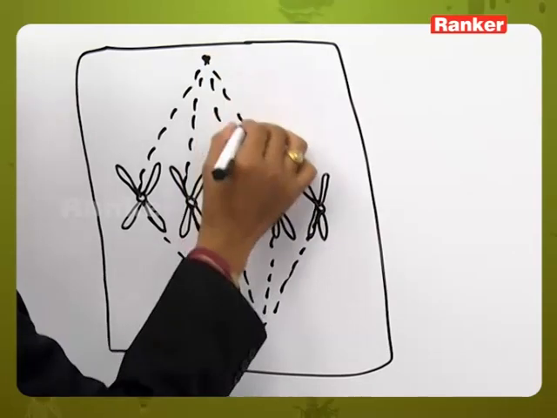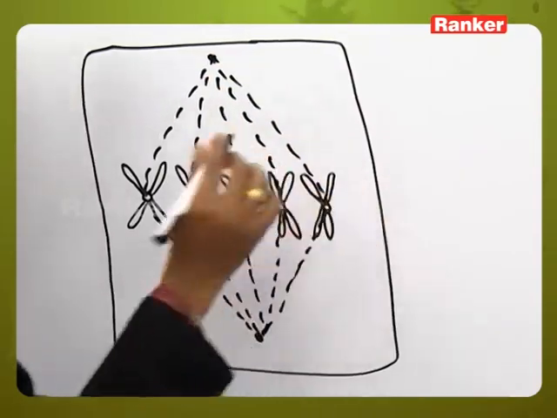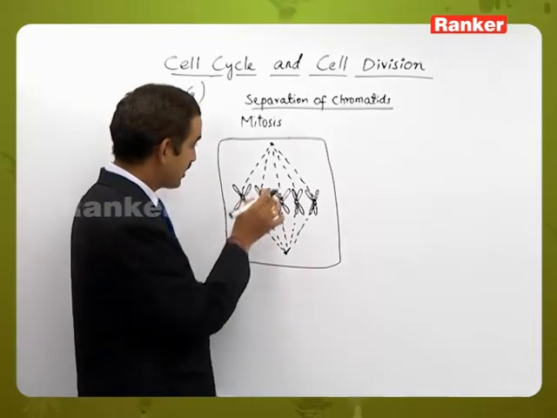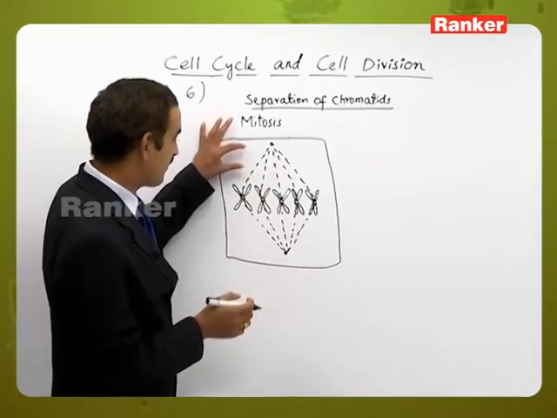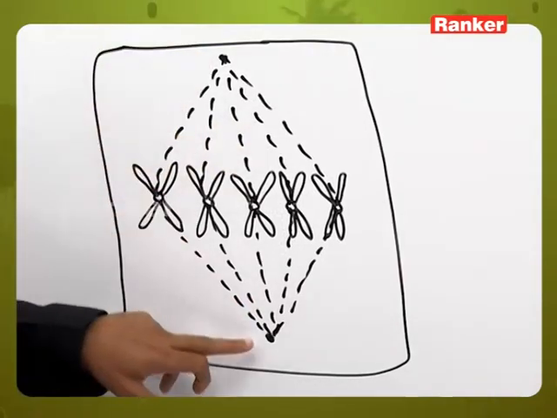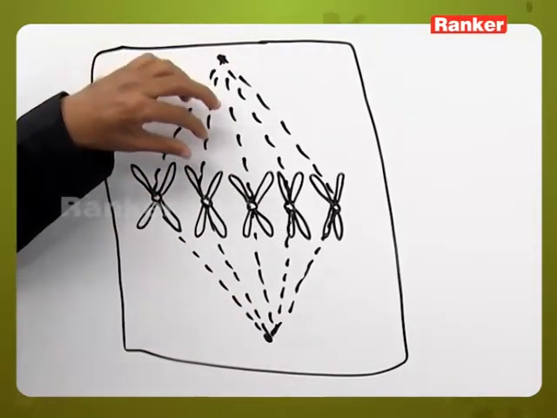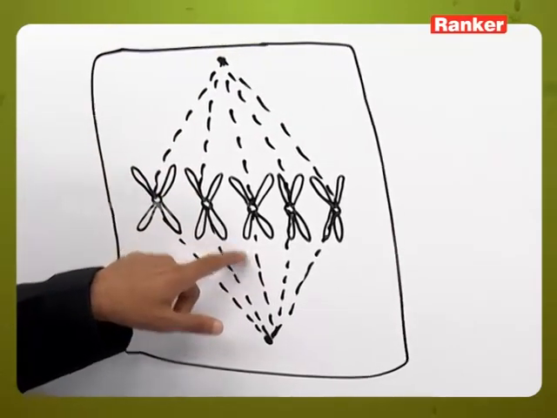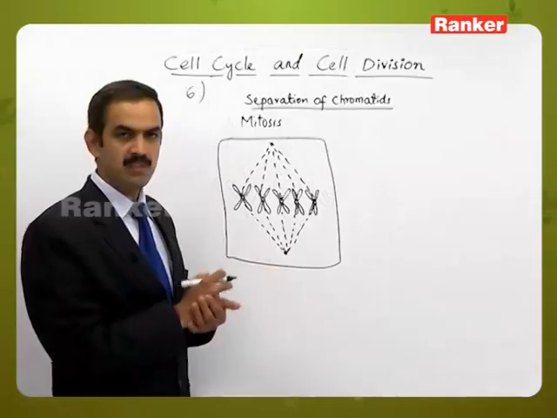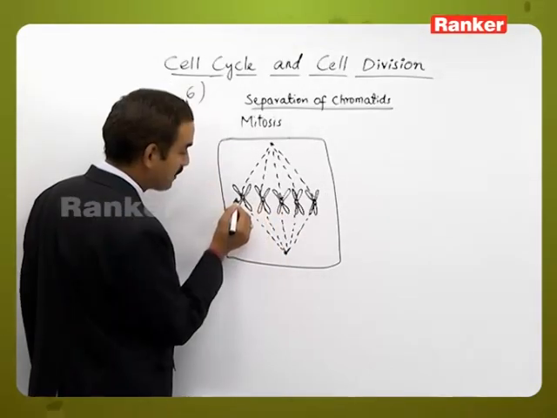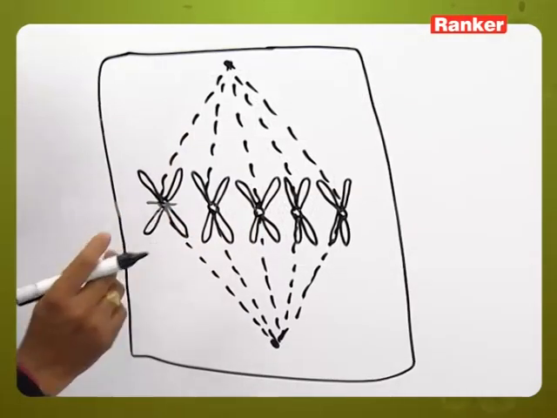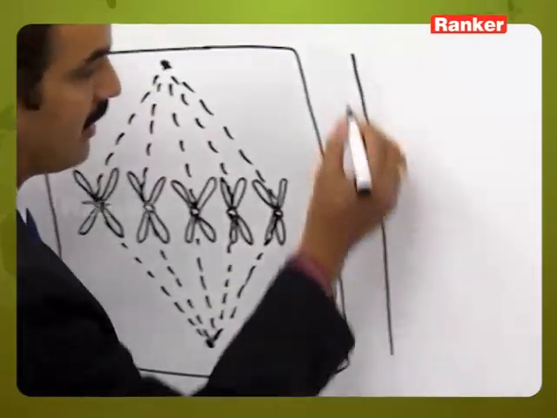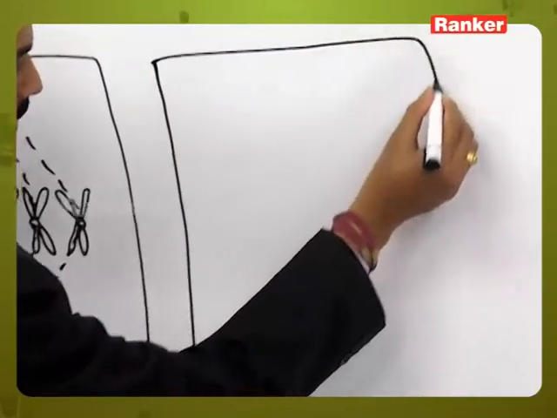This is a diagram related to the metaphase actually. And after metaphase, the spindle fibers will contract. During the anaphase, this spindle will contract and this spindle will contract, so that these spindle fibers will try to pull the chromosomes towards this side, and these spindle fibers will try to pull the chromosomes towards this side. Because of that pressure, the chromosomes will split at the center. That is, the centromere will split, and when the centromere splits, the chromatids are separated.